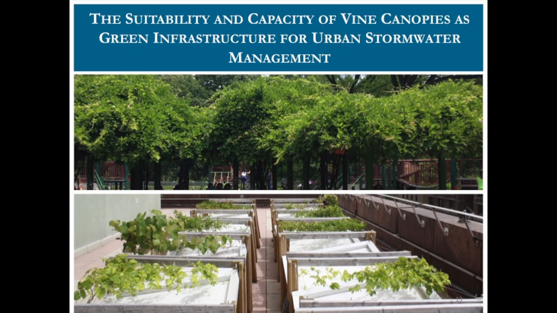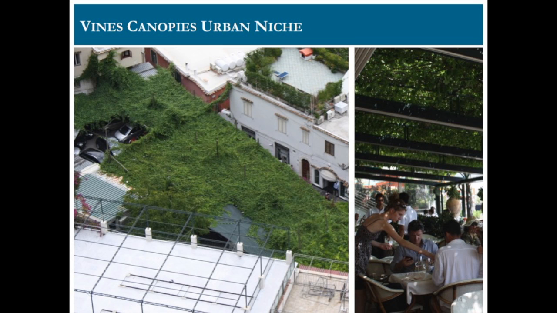The next project I'm going to talk about is trying to quantify and optimize the use of vines as a new type of green infrastructure. Vines are interesting because they take whatever form you give them. The biologically active part, the leaves, you can give it a structure and it'll generally fill it.